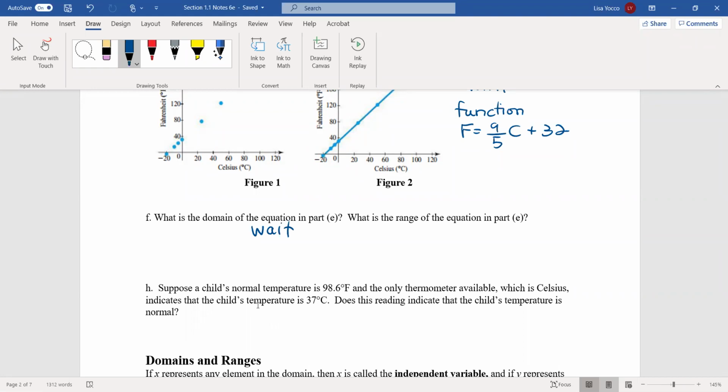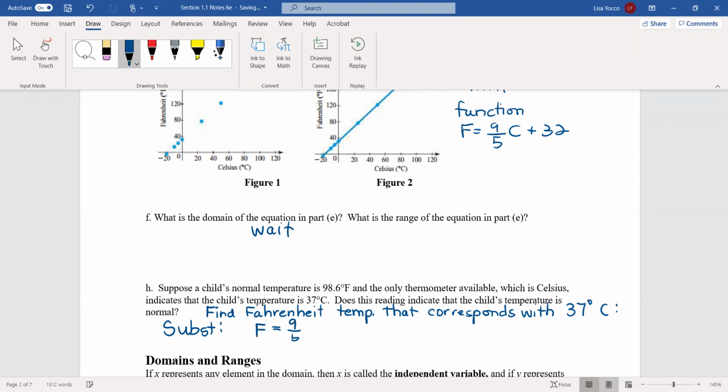All right, so basically what we're trying to do here is find the Fahrenheit temperature that corresponds with 37 degrees Celsius. And to do that, we just do a little simple substitution.